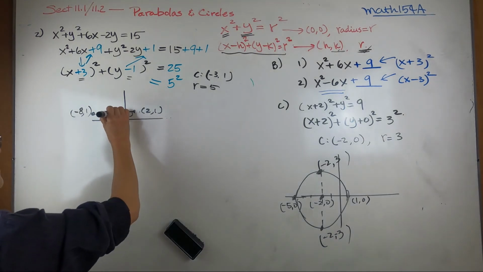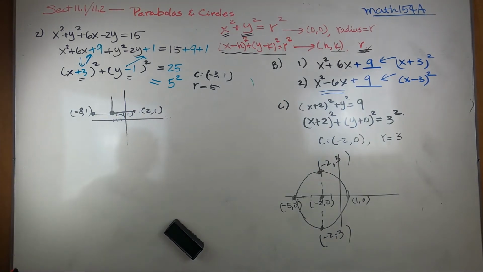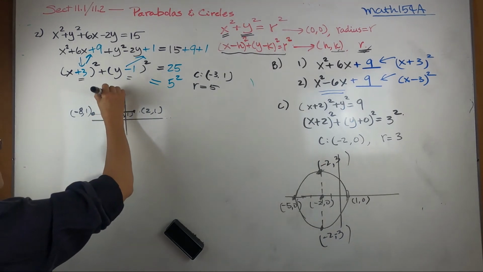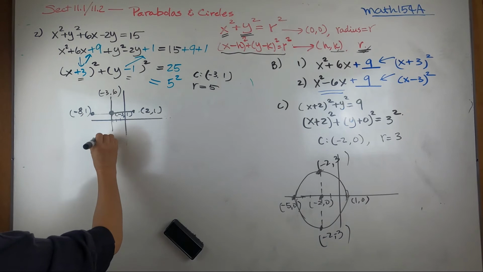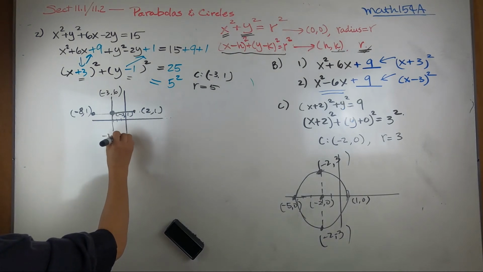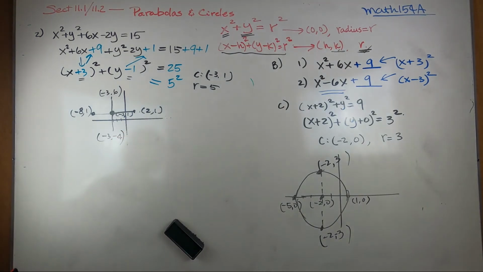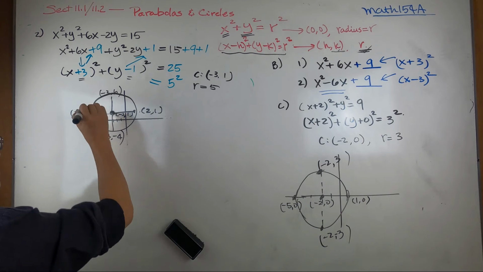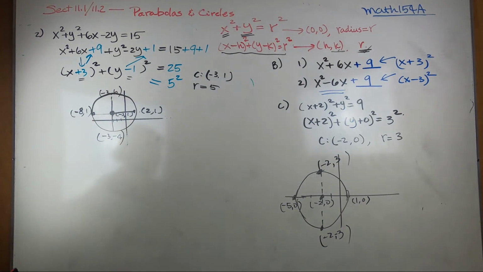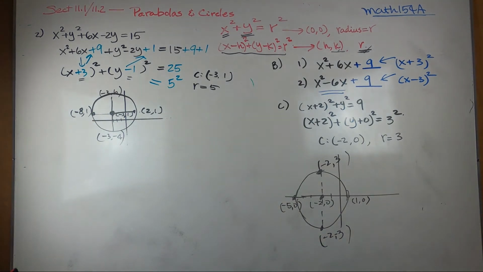Then you have to have 5 positions higher, so that will be -3 and 6. Then 5 positions lower, that will be -3 and -4. Is that right? Now you can make your circle. Is that right?